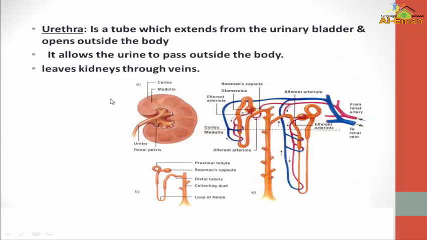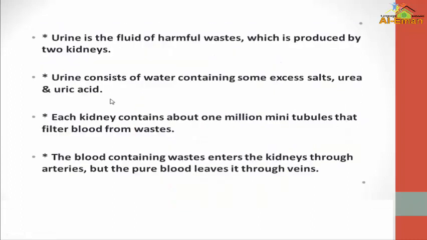The last part, the urethra. The urethra is a tube which extends from the urinary bladder and opens outside the body. It allows the urine to pass outside the body. Okay? Notice that urine is the fluid of harmful wastes which is produced by the two kidneys. Okay?